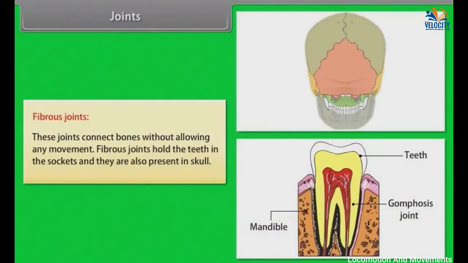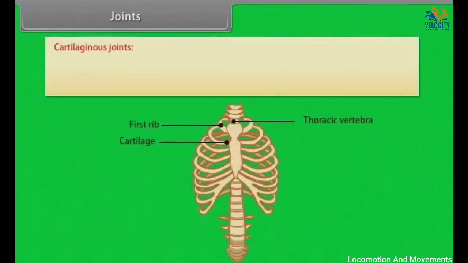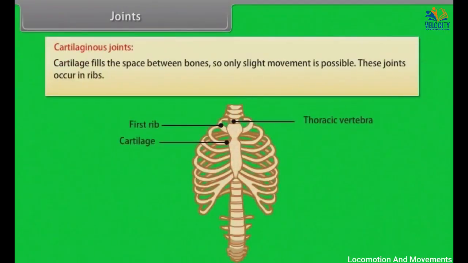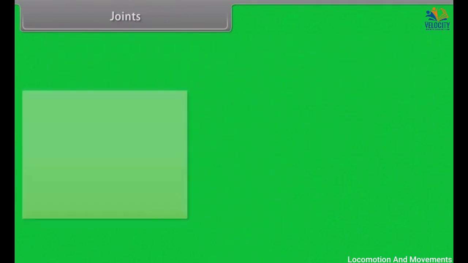These joints connect bones without allowing any movement. Fibrous joints hold the teeth in the sockets, and they are also present in the skull. Cartilaginous joints. Cartilage fills the space between bones, so only slight movement is possible. These joints occur in ribs.